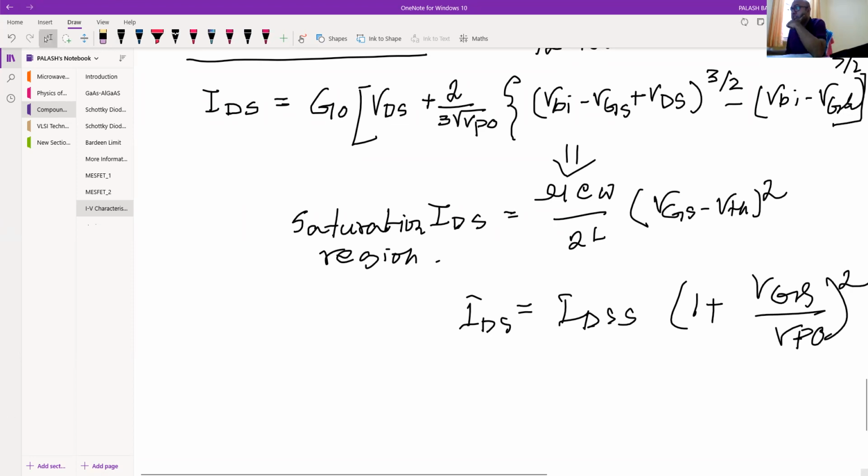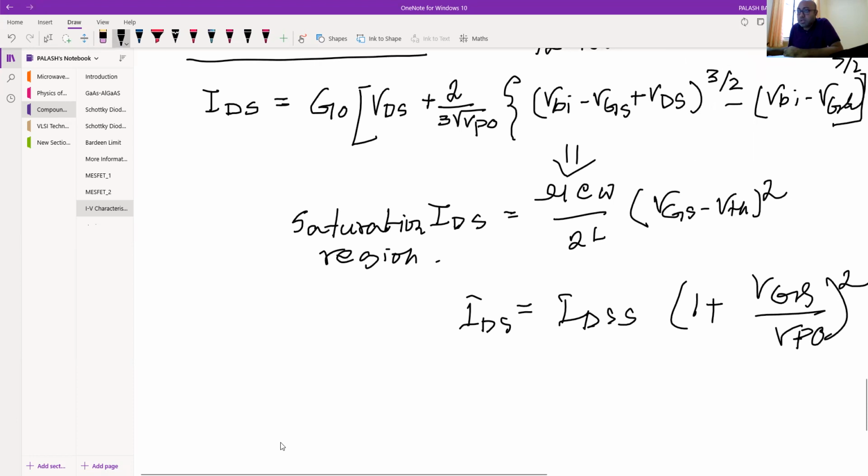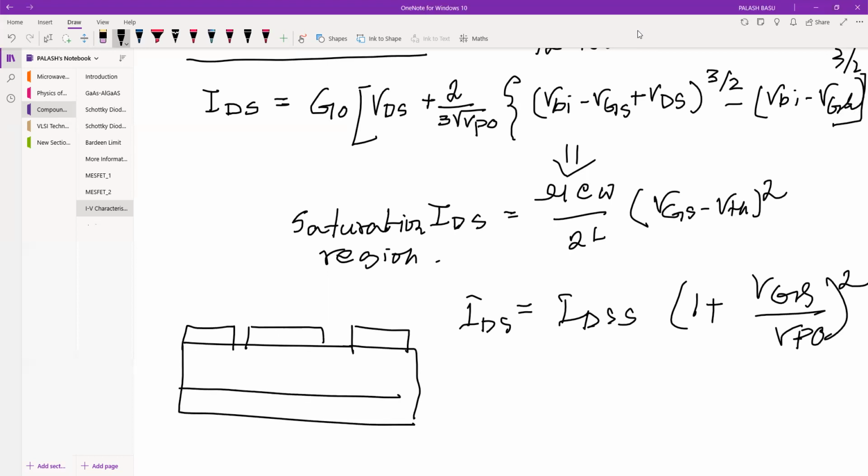Now, with all this, the main assumption of this theory is that you have n plus source, you have a drain, and you have a gate, right?